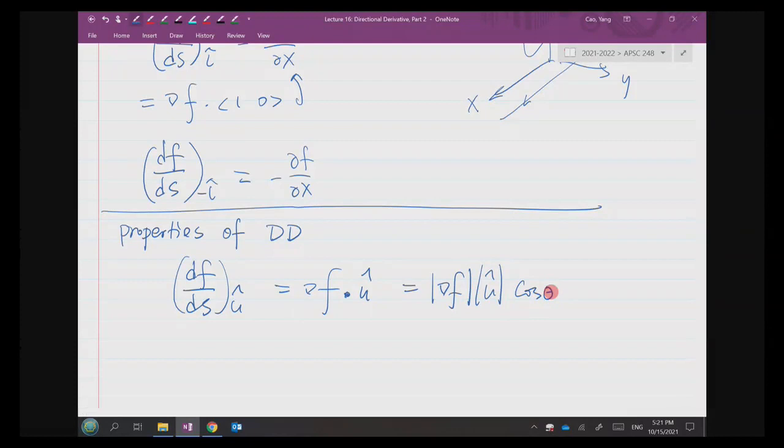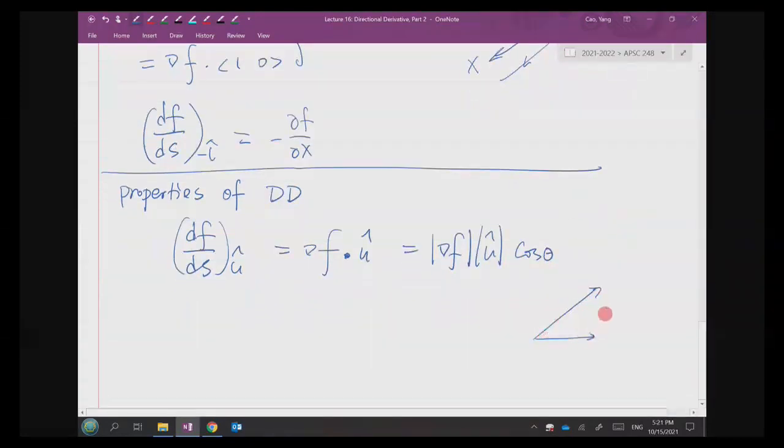And theta is the angle between del f and u hat. And the magnitude of u hat, what's the magnitude of u hat? 1, exactly, right? So then you have gradient vector magnitude multiplied by cosine theta. So the directional derivative is simplified into the magnitude of del f times cosine theta.